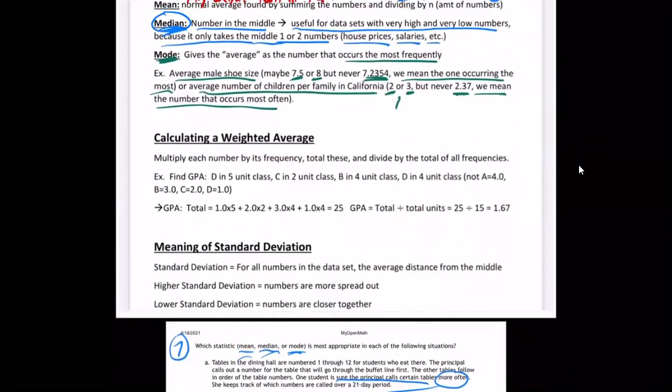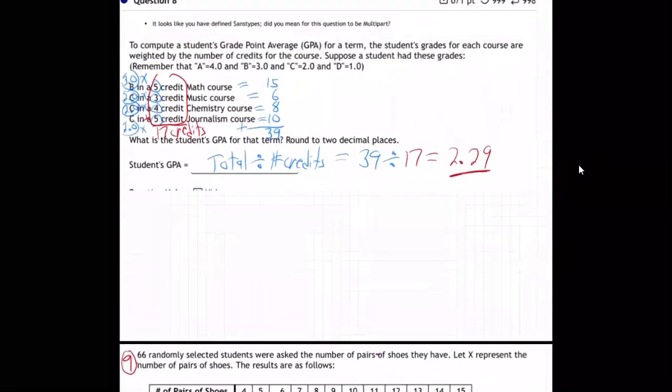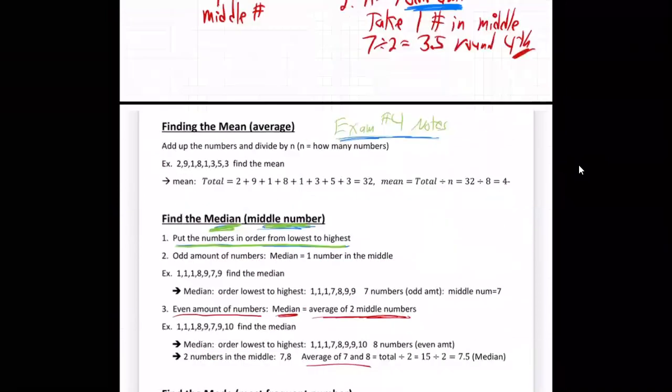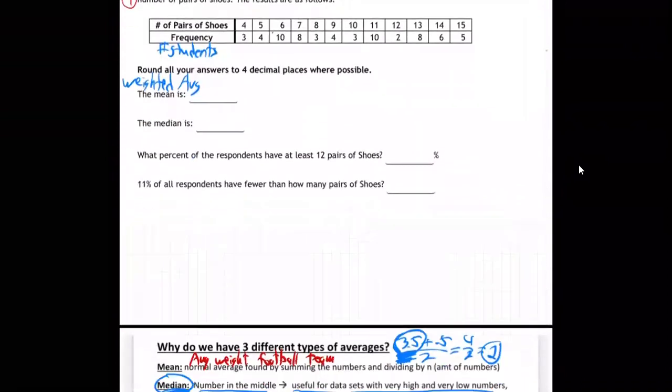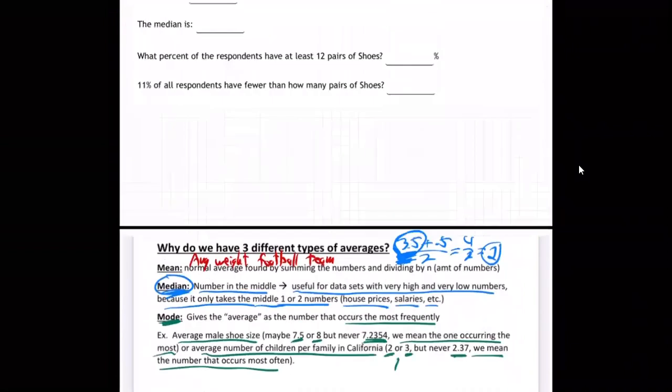So if you look at the notes, where are the notes on this? Oh, right here. Calculating a weighted average: multiply each number by its frequency, total these, divide by the total of all frequencies.